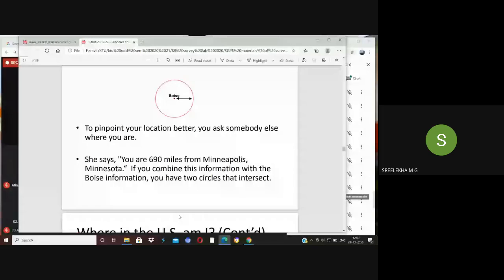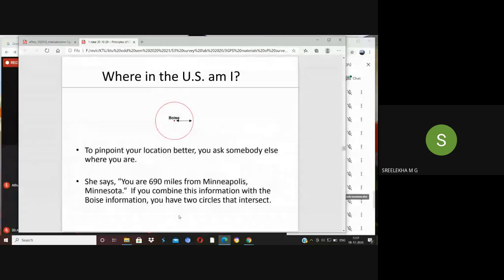When we are identifying with reference to this, we can say that if there is a particular location of the first satellite, we already know the position of that particular satellite. So with respect to that satellite, at how much distance we can locate our boundary along the radial distance.